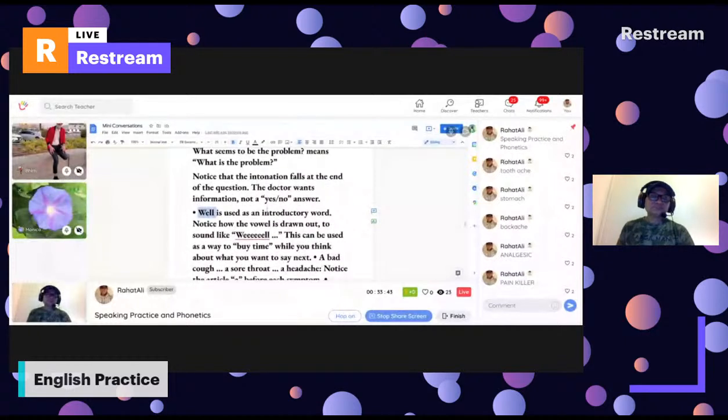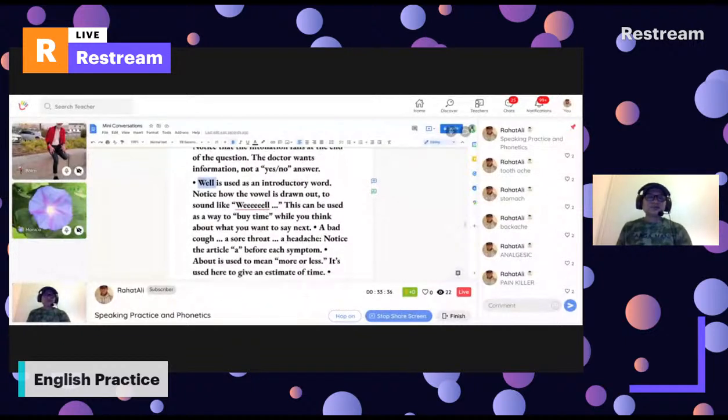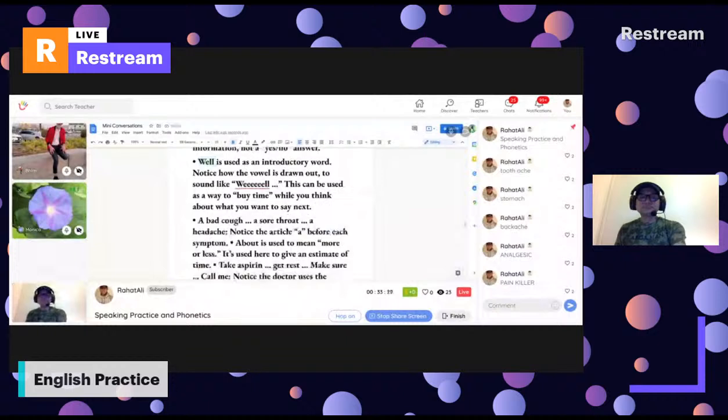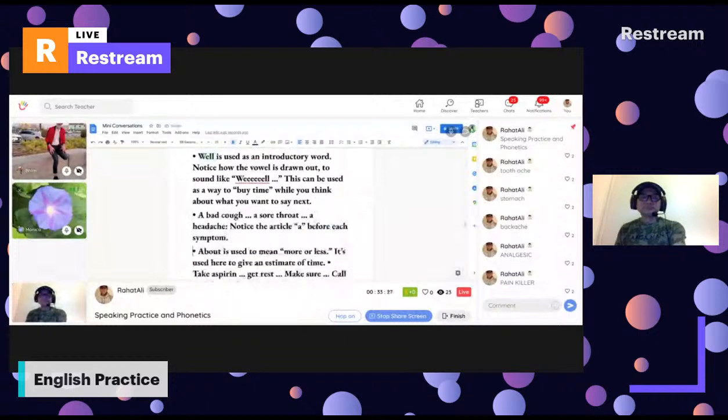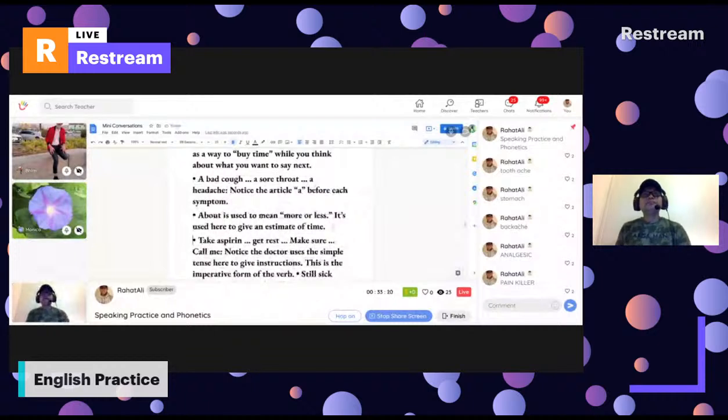When you say okay, well, you see, it is an introductory word, when you use this word at the beginning before you start your speech. Is it okay to use actually also instead of well? Yes, it can be used as well. Actually, I had some problem, like I had a fever, sore throat, body pain, and I felt tired.